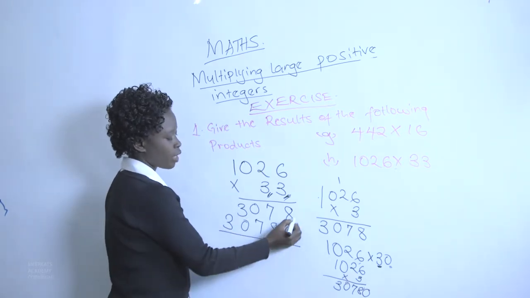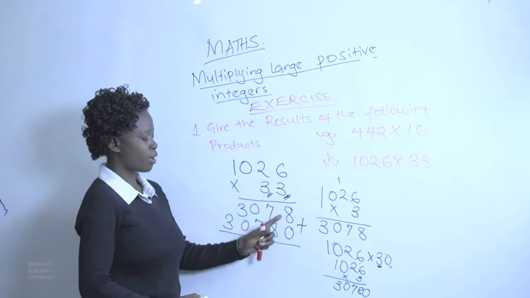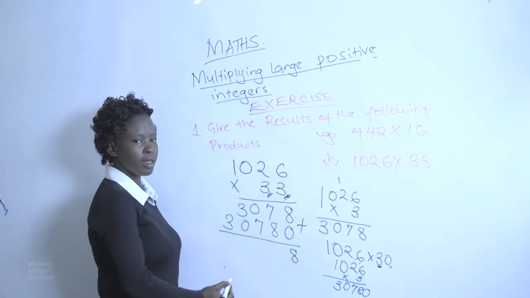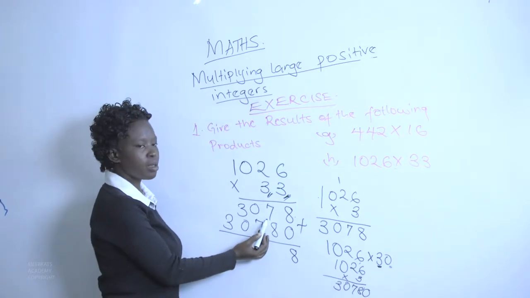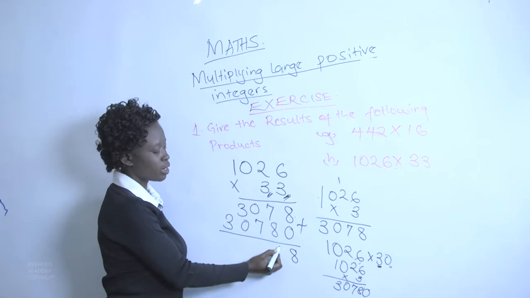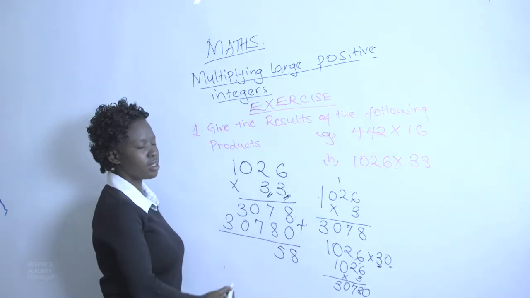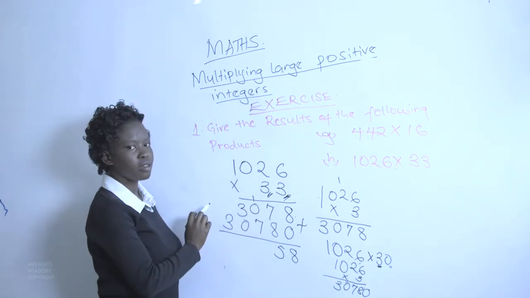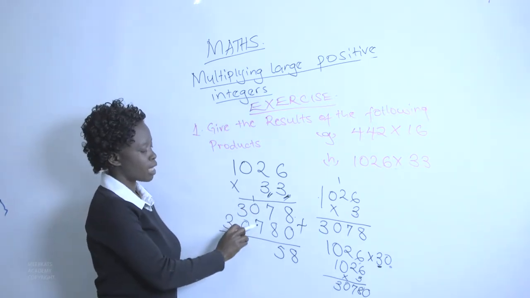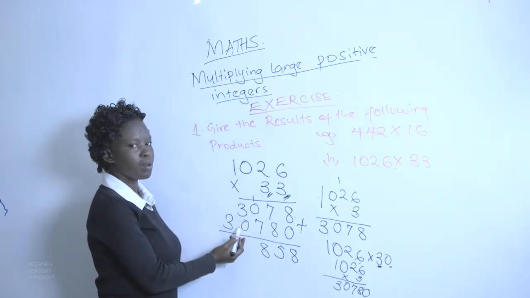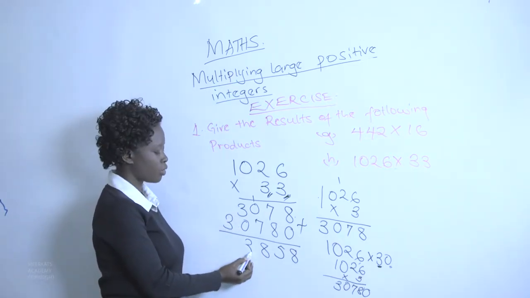so we have 8 plus 0, which is simply 8. Then 7 plus 8 gives us 15. We write 5 and carry 1. Then we have 1 plus 0, that is 1. 1 plus 7 gives us 8. 3 plus 0 is simply 3.